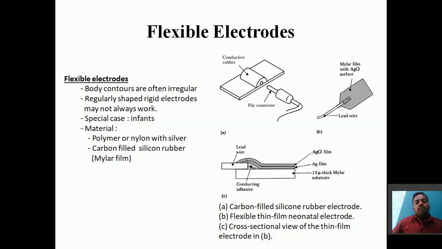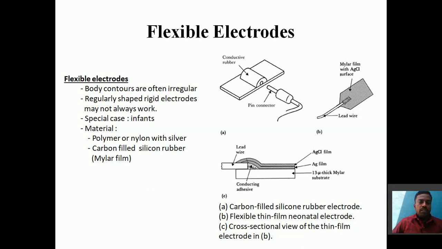So for example, if you fix a previously studied electrode, in some places it won't conduct properly, it won't convert the ionic current into electric current in the proper manner, because it has some gap, it has some resistance.